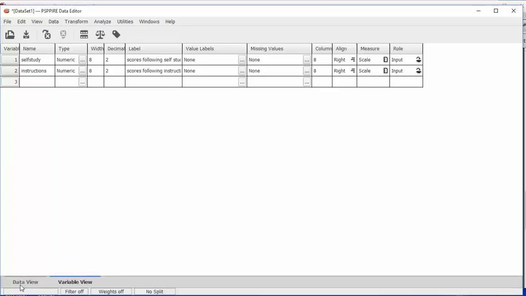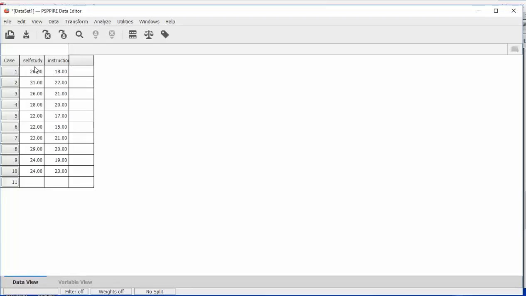So to go back to the data view, first column is for how they performed under one condition, and the second column is how they performed under the second condition. The first one being self-study, the second one being following instructions by the GRE instructor. Now I go to analyze the variables.